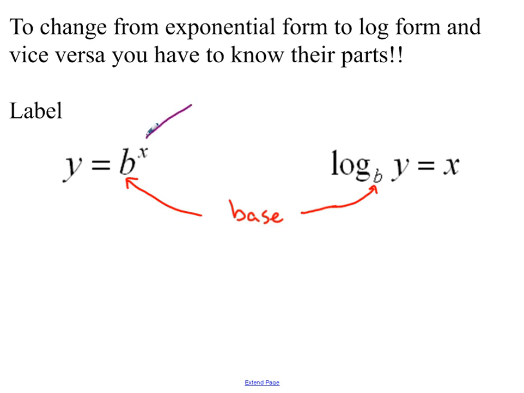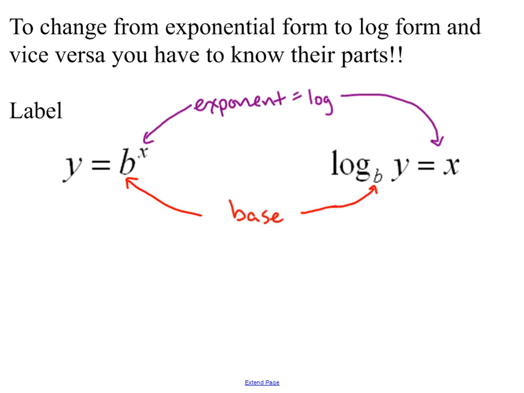This is the exponent. And the exponent is equal to the log. All right, what the log is equal to. You know that's an exponent because it's written up in the superscript, right? Top right. This is what the log is equal to because it says it's equal to log.